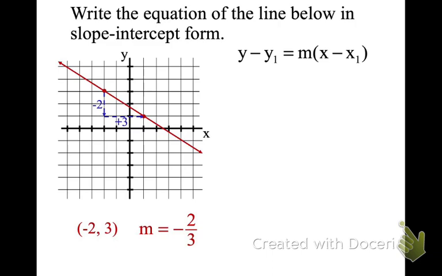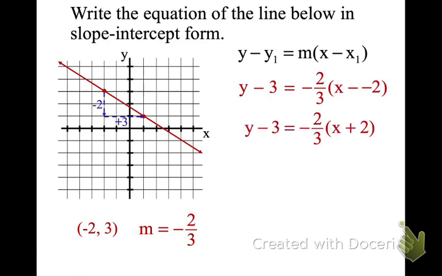Remember, my -2 is my x1, my 3 is my y1, and then I'm going to substitute y minus 3 equals -2/3, because that's the slope, times the quantity of x minus -2. I'm going to simplify my double signs. I'm going to distribute.